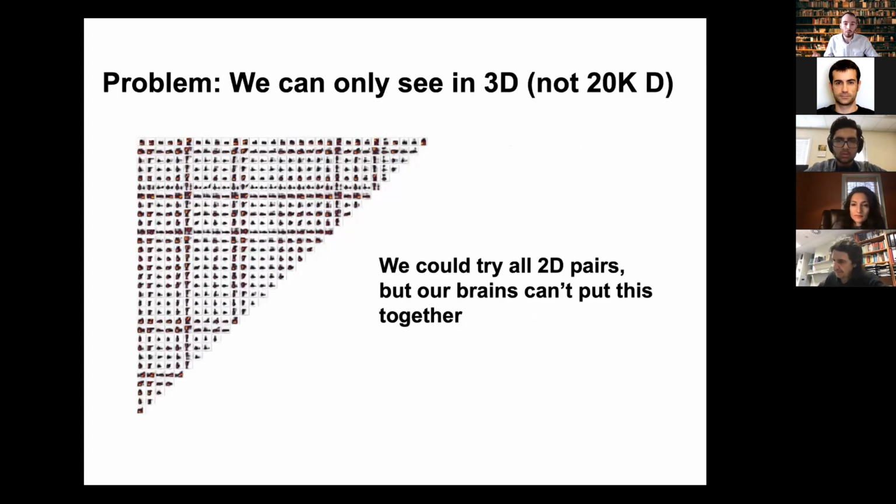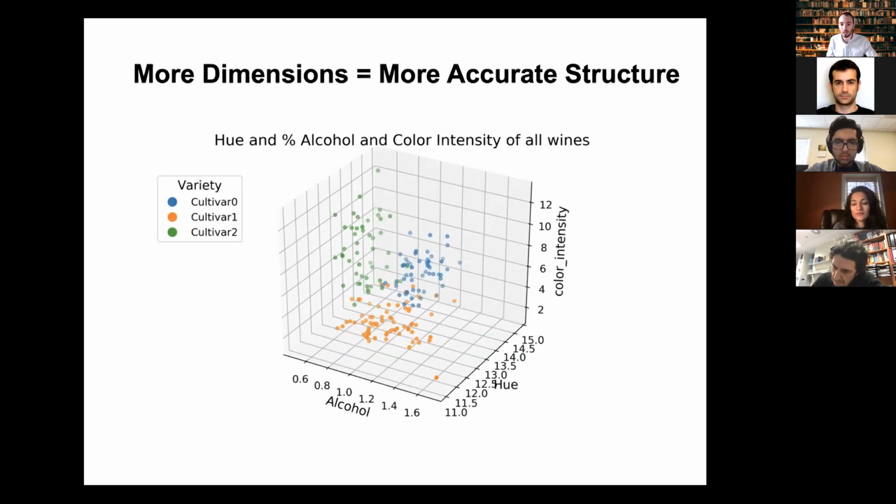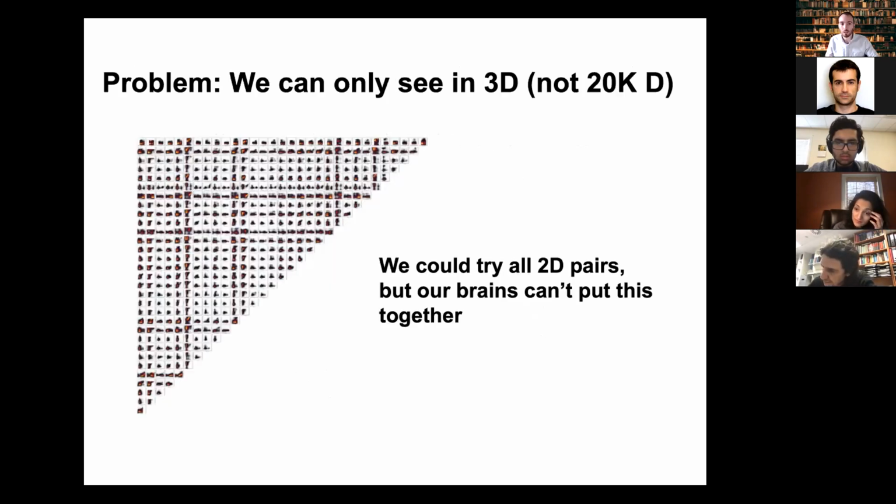But there's a problem that happens as the number of dimensions gets incredibly large. If you have only 3, it's really easy to create a scatter plot and identify that structure in the data that, say, separates cultivar 1 from cultivar 2 here. But if you have 20,000 dimensions, you can't look at all sets.